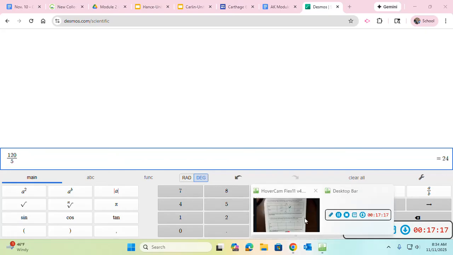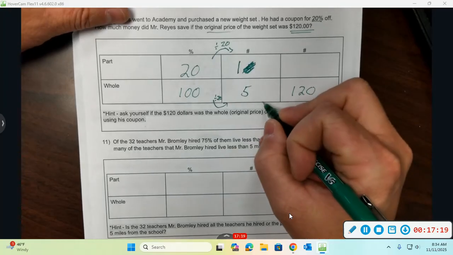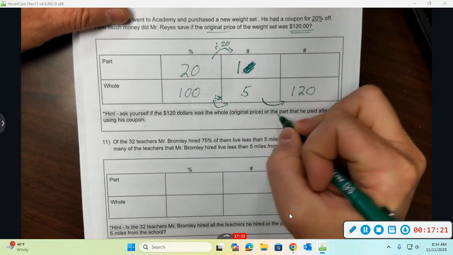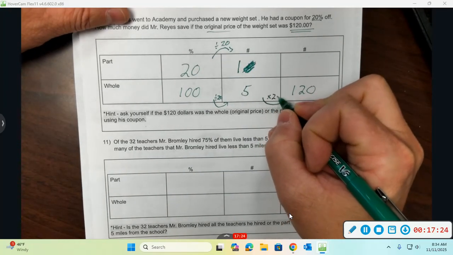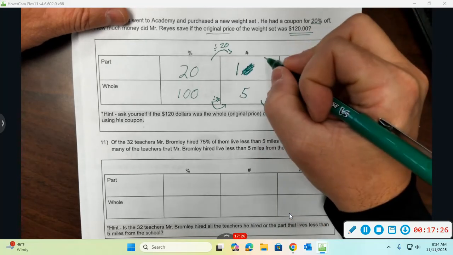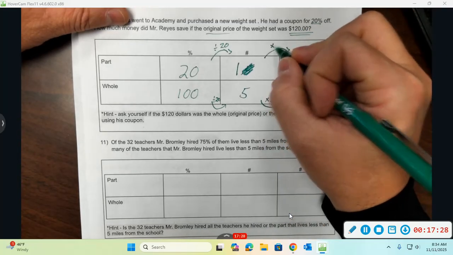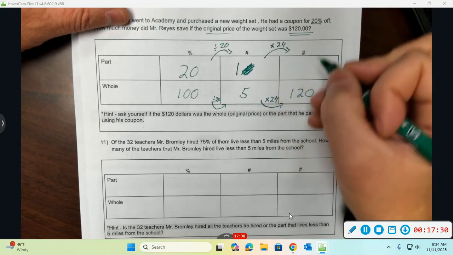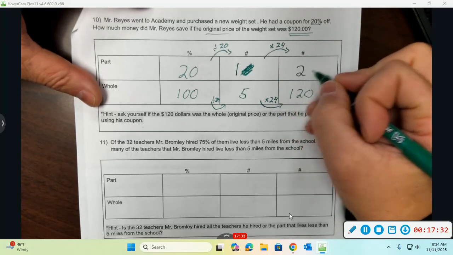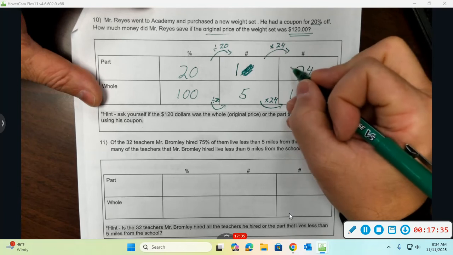Okay. So that means, what am I going to multiply 5 by to get to 120? I'm going to multiply it by 24. So what am I going to multiply 1 by? 24. So how much money did he get taken off?